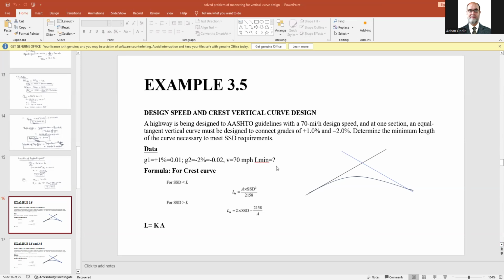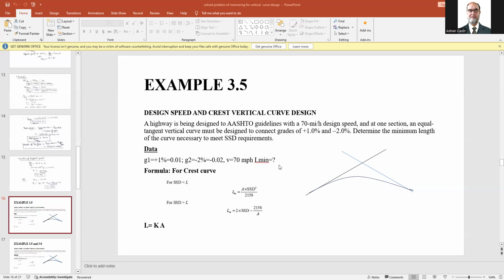In order to calculate the length of the curve, AASHTO has given these two relations. The first relation, as you can see on your screen, is used when we assume that SSD, the safe stopping sight distance, is less than the length of the curve.